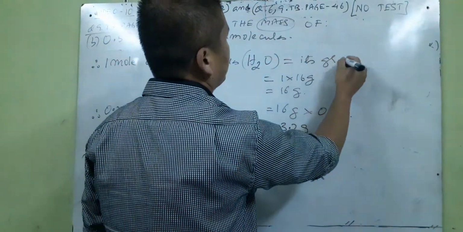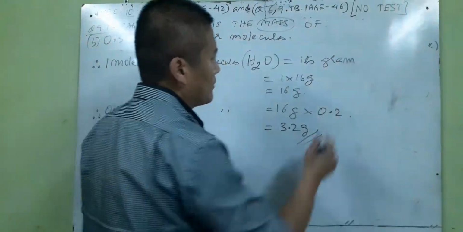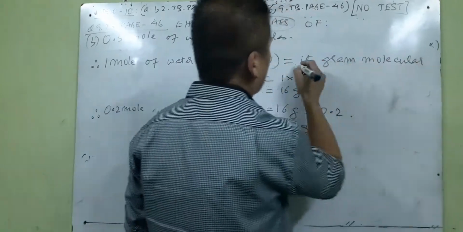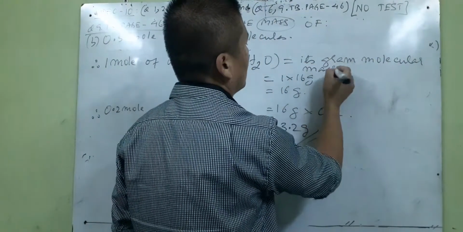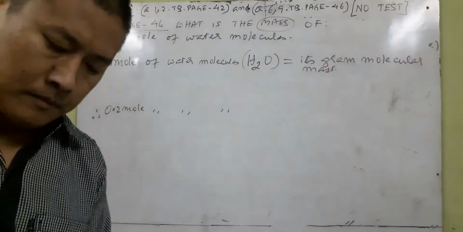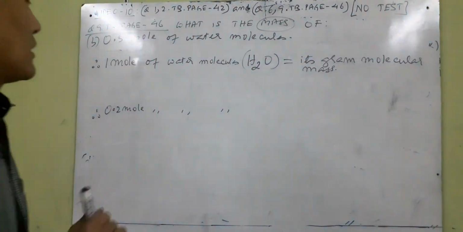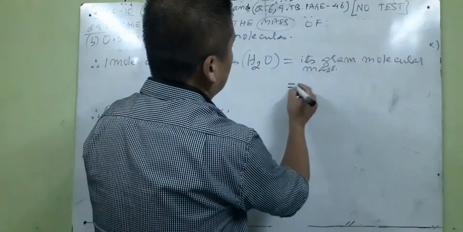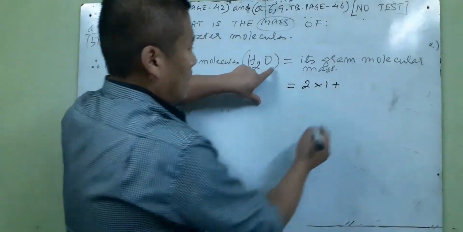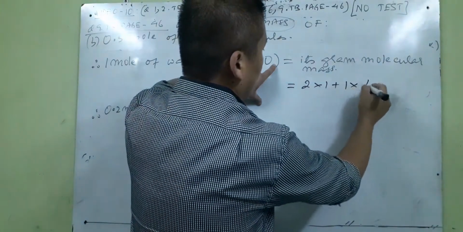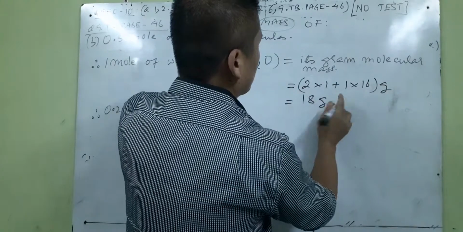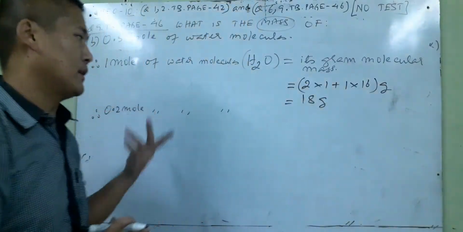It's gram, okay, it's gram molecular mass. So find out the gram molecular mass of water. At the back of H2, so 2 into 1, because hydrogen is 1, and at the back of unknown number means 1 into 16, and gram molecular means gram here. There is 18 grams, 2 ones are 2, 16 plus 2, 18.